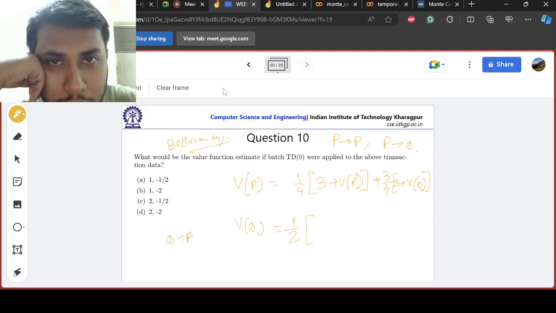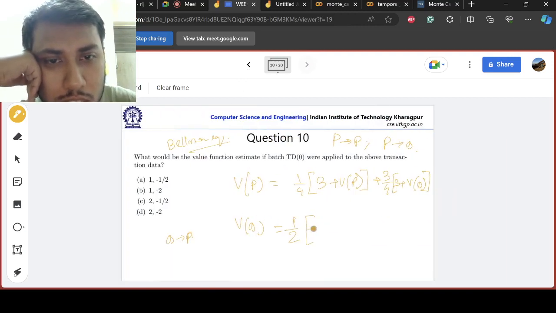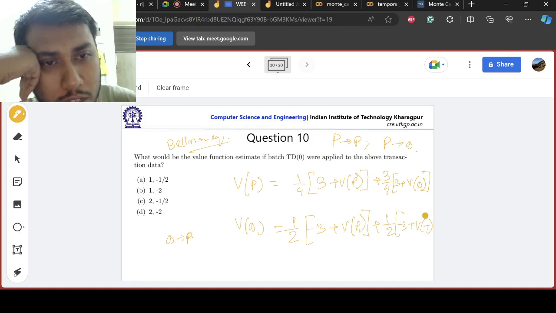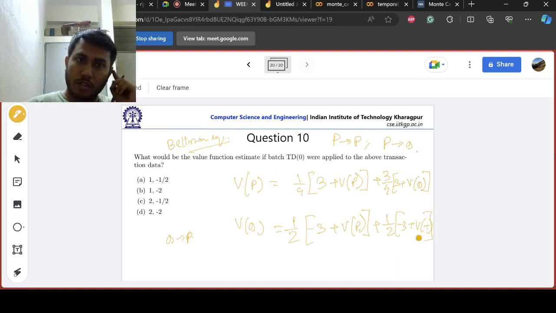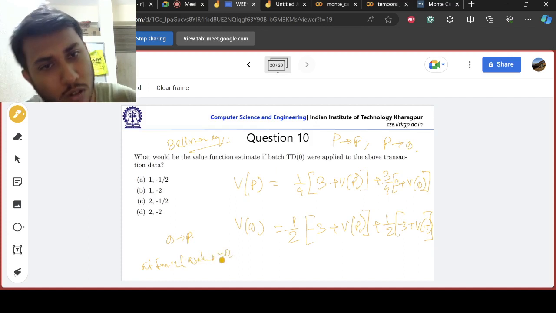What is the value you are getting? Minus 3 plus V of P, the next state, plus half minus 3 plus V of T. Now what is V of T? At terminal, the value is 0. So this part will be 0.